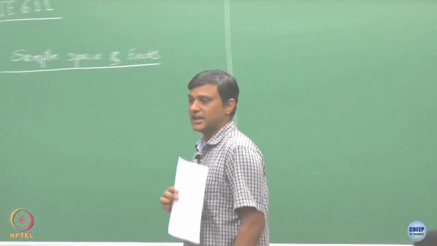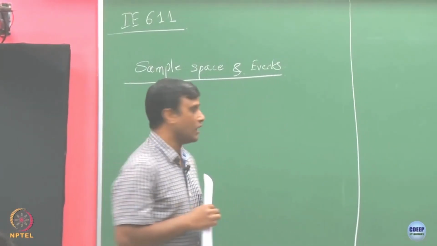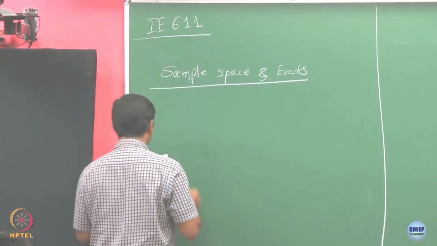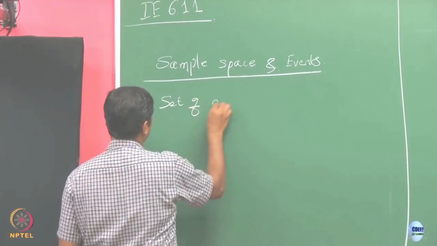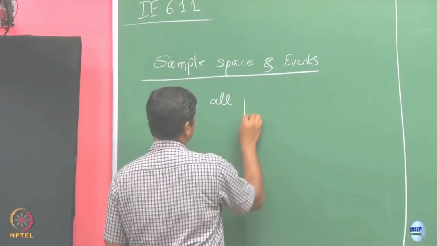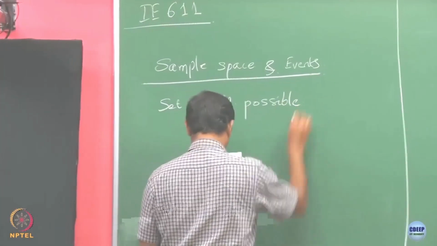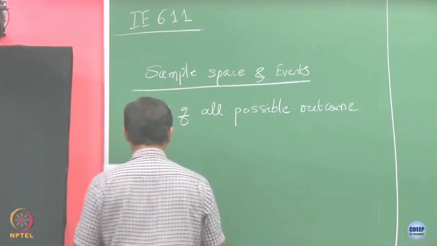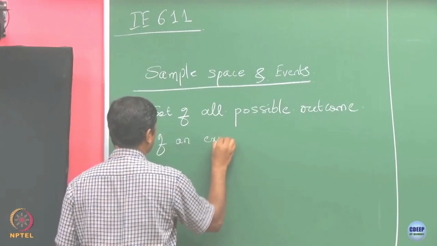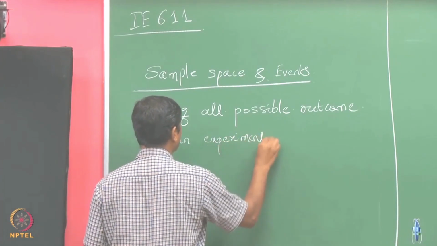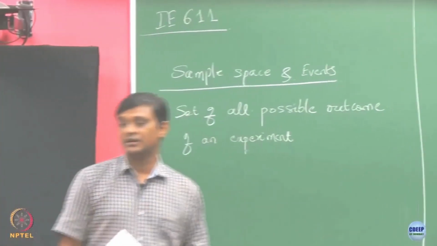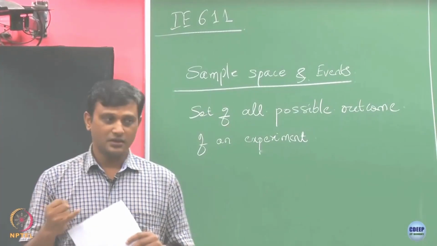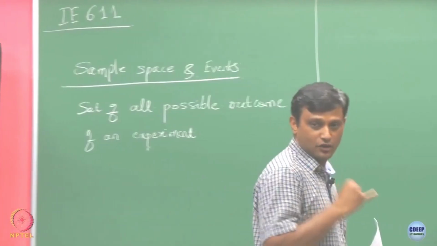I am going to denote the collection of all those possible outcomes as the sample space, and I am going to denote it by S. So whenever I now say experiment, it is implied that I mean a random experiment. That is, the outcome itself you can't know a priori.